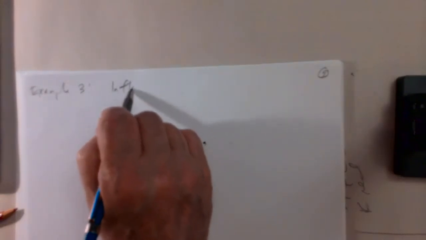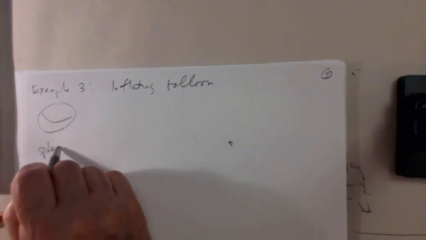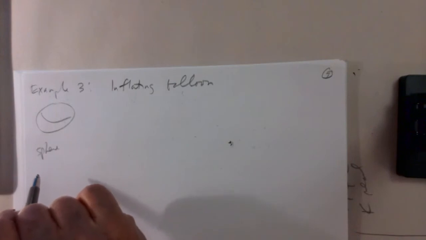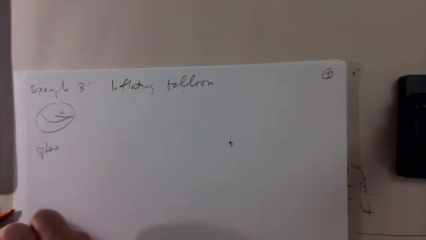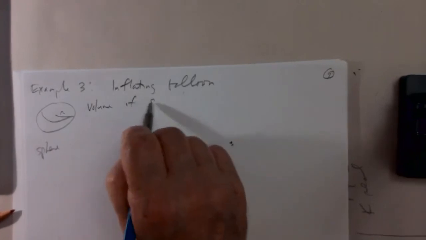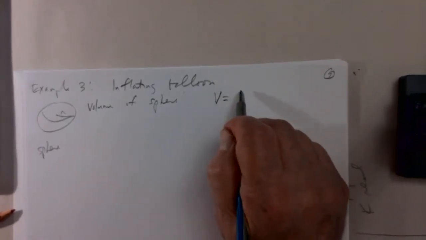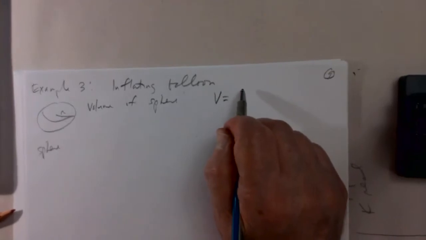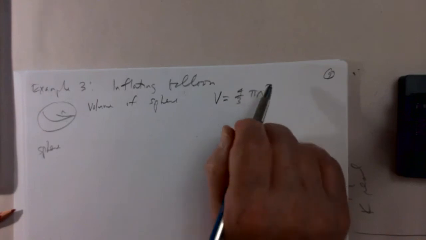So this is inflating a balloon. A balloon is a sphere. A sphere is determined by its radius. What's the volume of a sphere? V, the volume, is four-thirds pi r cubed.